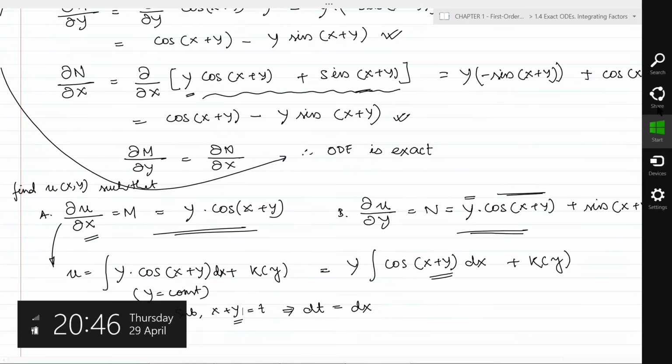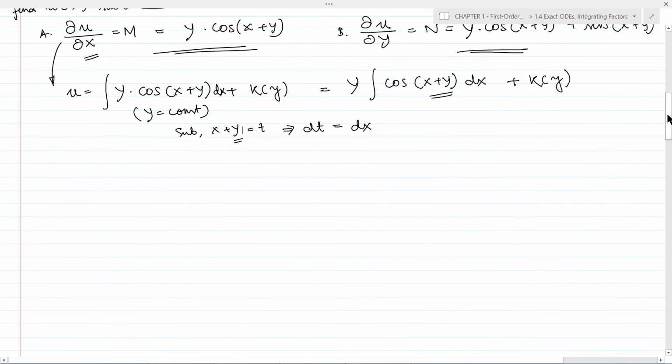So, now we can write this as u equal to y times the integration of cos t dt plus k of y. The integration of cos t is sin t.